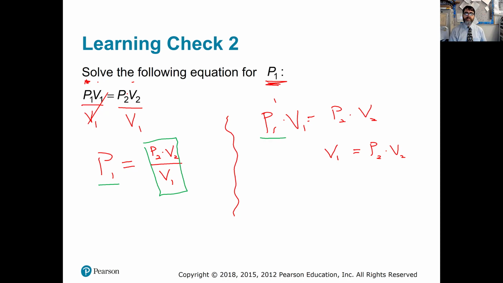And so we have P2 times V2 divided by V1. Well, now that we have this P1 is times the V1, so this whole thing is times the V1, and you'll notice here that the V1s are going to cancel out with one another, and we're going to be left with P2 V2 is equal to P2 V2, and those two are the same thing, so we know our answer is correct.